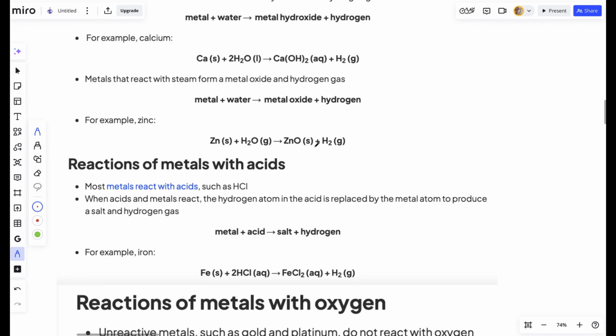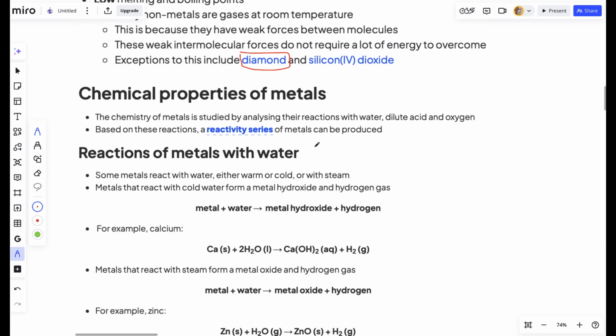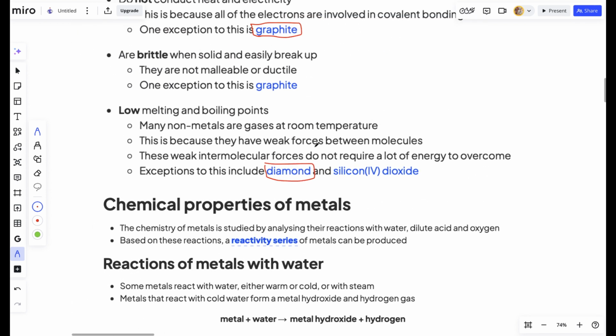Because they are not so strong, they have low melting points, low boiling points, and so on. They have weak intermolecular forces joining them together, except diamond. Diamond is the hardest substance on Earth.